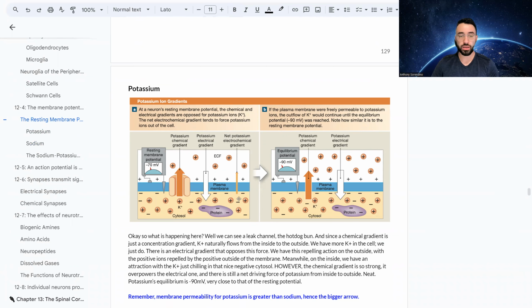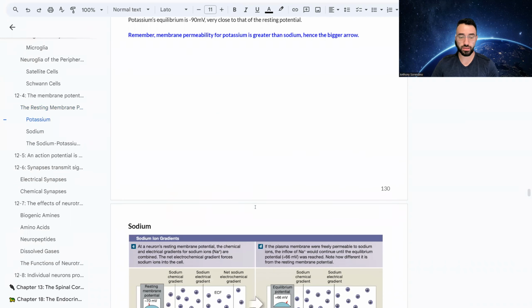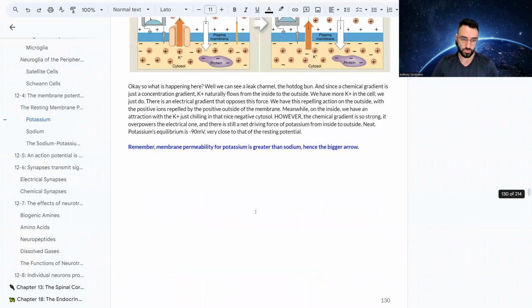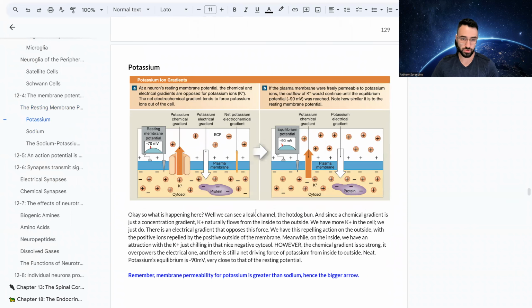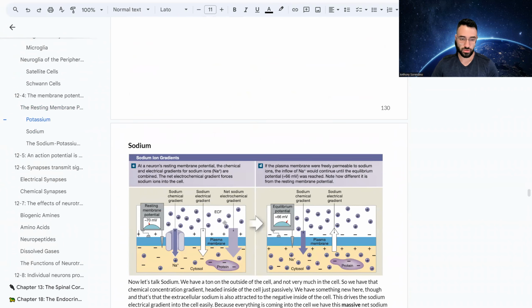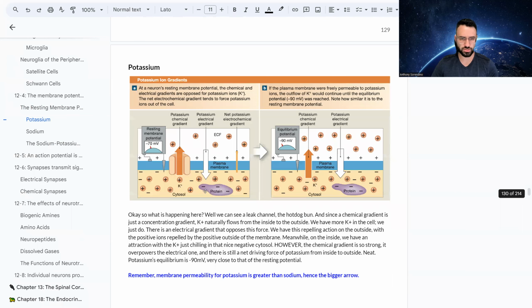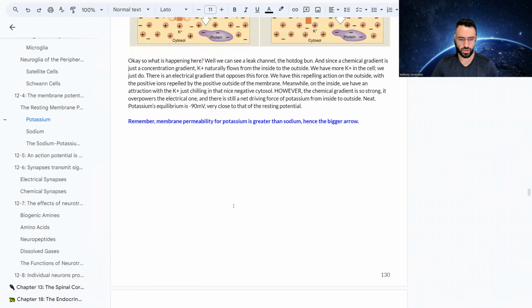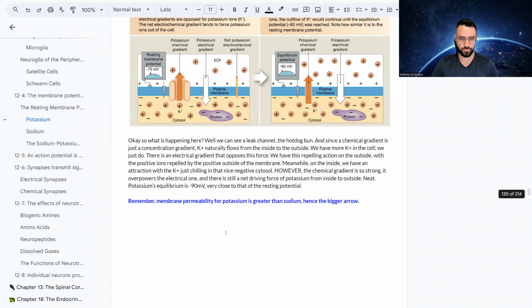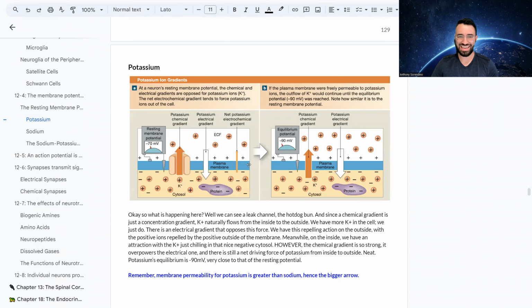Now, if you are comparing the electrical gradients, the electrochemical gradient is the combination between the chemical gradient and the electrical gradient. The electrical gradient itself looks, the arrows look about the same, but the net electrochemical gradient is much different.